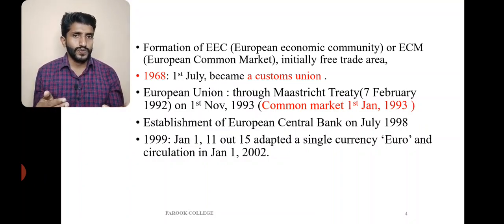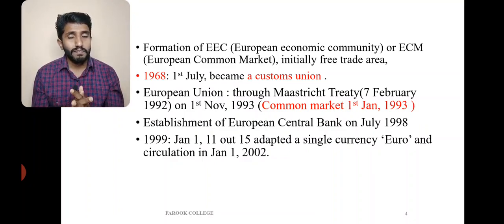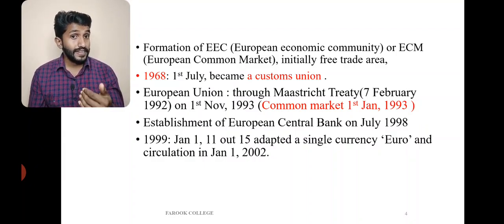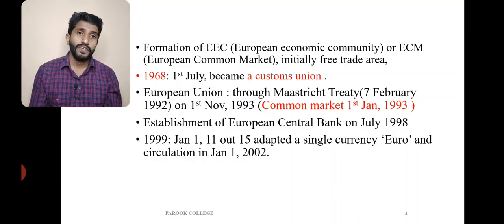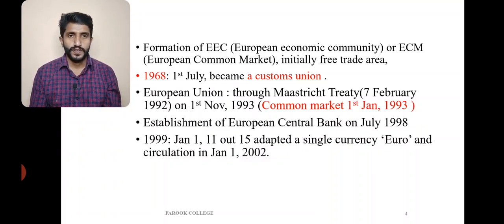After that also, the European Central Bank was established in 1998, and on 1999 January 1st, 11 out of 15 countries of the European Union adopted a single currency, the euro, and it came into circulation on January 1st, 2002. So they have a common currency, they have common economic and monetary policies, and there is a free flow of capital and labor, and free flow of goods and services.